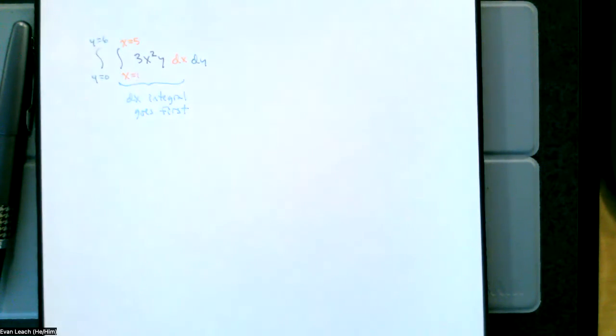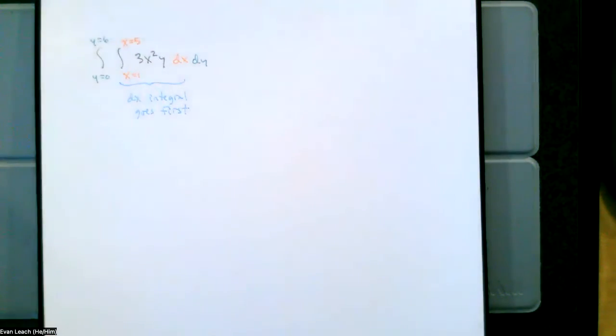We haven't talked about this in this direction. Where did this come from? We took the derivative with respect to x and landed at 3x squared y. Where did we start? We're integrating with respect to x. So the other variable is just going to be a constant term or a constant factor. If we're integrating with respect to x, y is going to be constant. Is it a constant term or a constant factor?